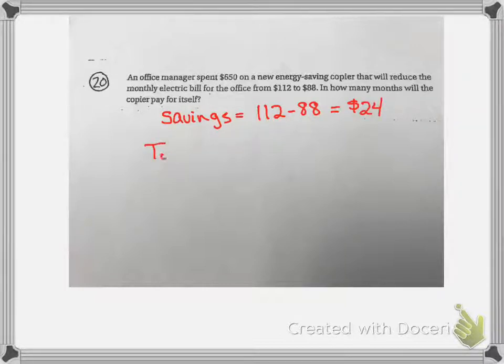Okay, the total cost divided by the savings is going to equal the number of months that it'll take for the copier to pay for itself.